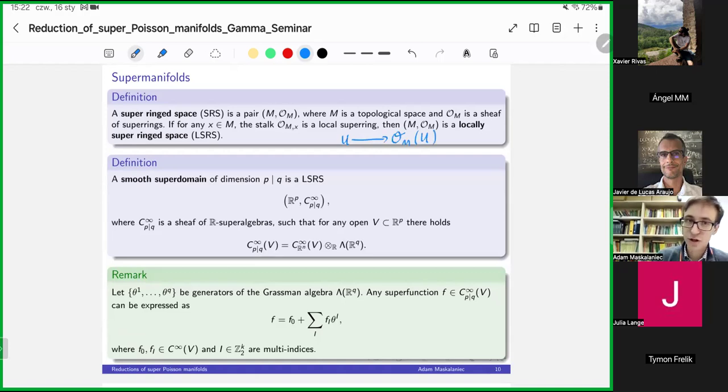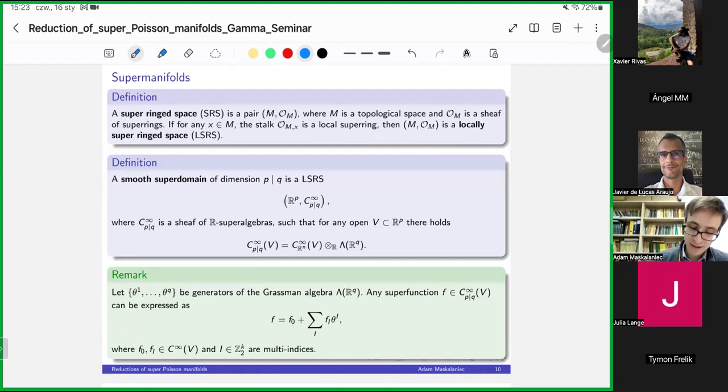And all restriction morphisms in this sheaf are morphisms of superrings. Moreover, we define morphisms of superringed spaces in such a way that we want these morphisms to be even on the level of each open subset.